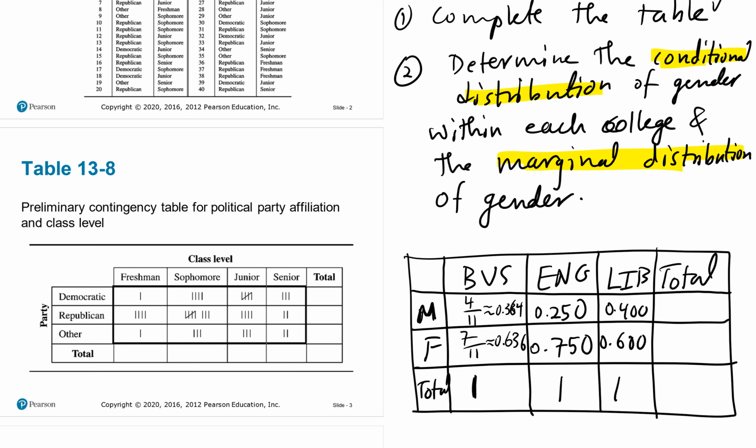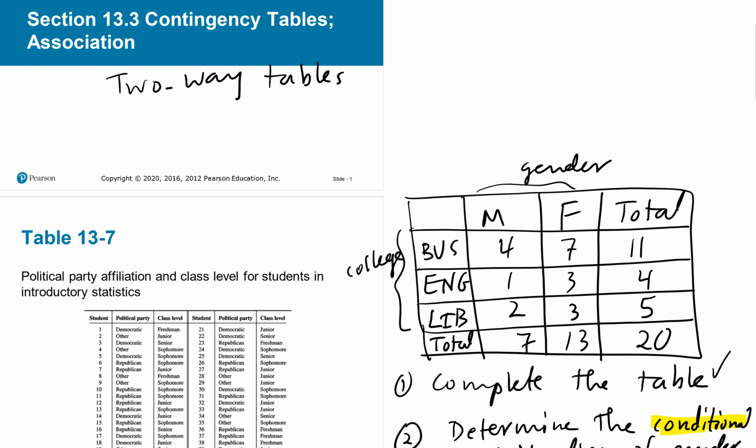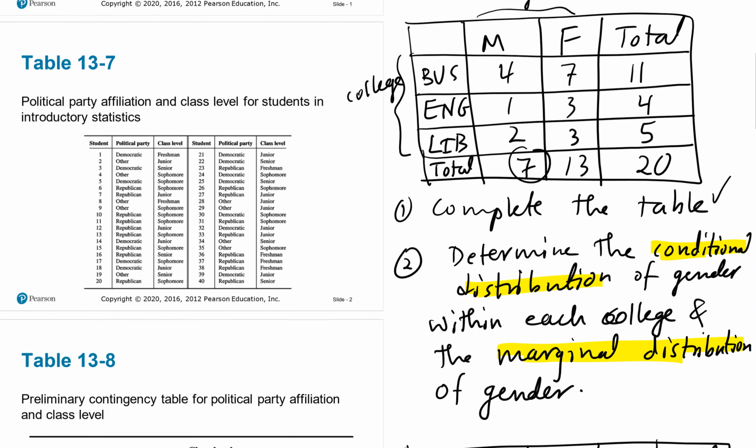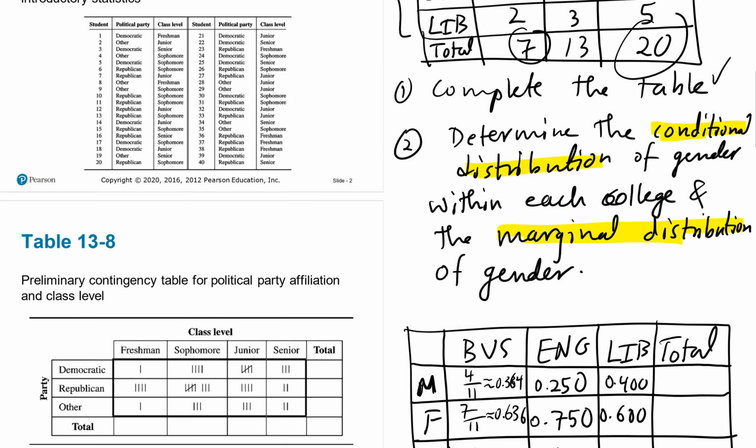Now for the next part, how do we get this one there? Here is always going to be 1 as well. But how do we get that one over there? We do the same thing. We look at the male. How many males in total do we have? We have 7, over the whole total, 20.